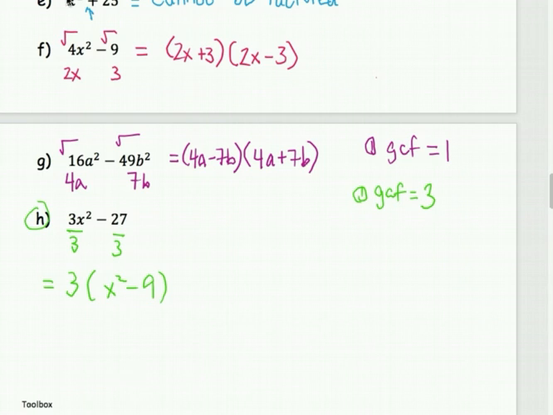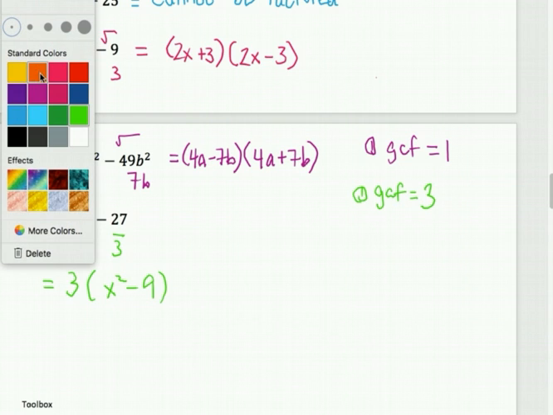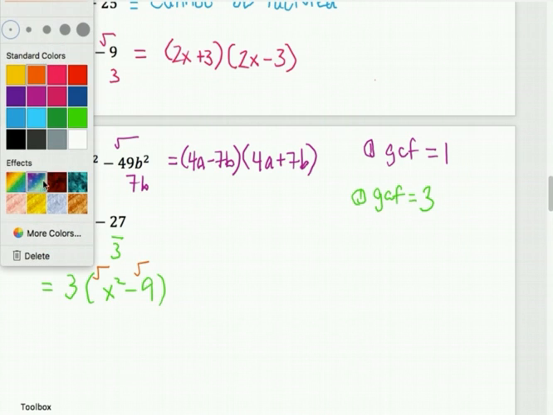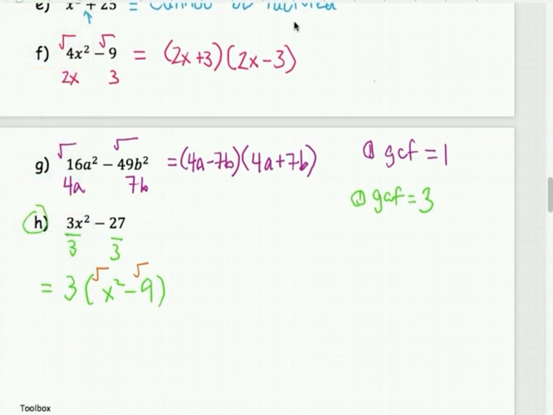So here I am noticing, oh, it looks like my difference of squares. So you can do this little reminder to go, okay, I need to square root those. So when I do that, I'm going to keep writing that 3 along.